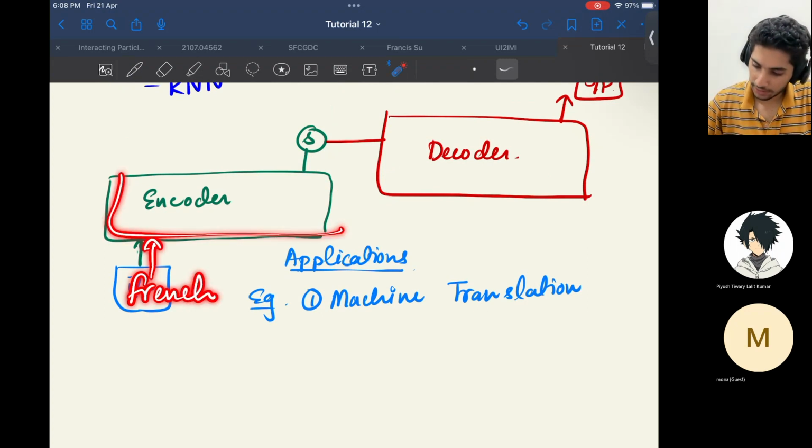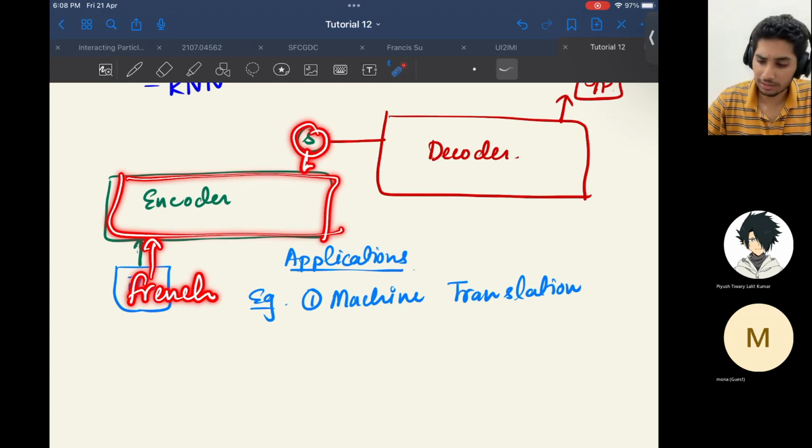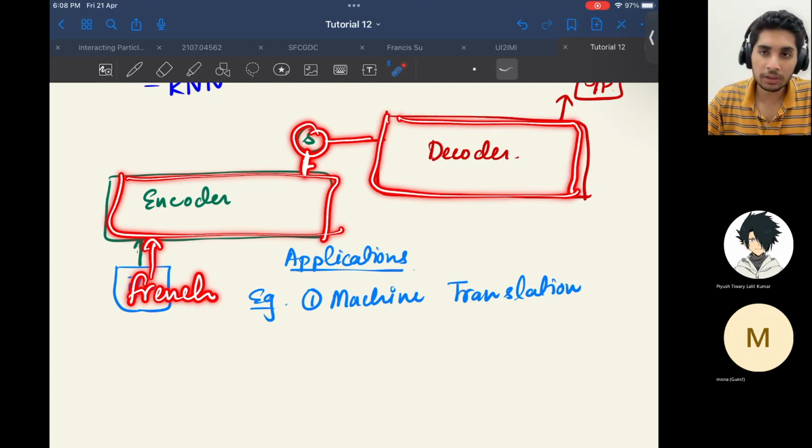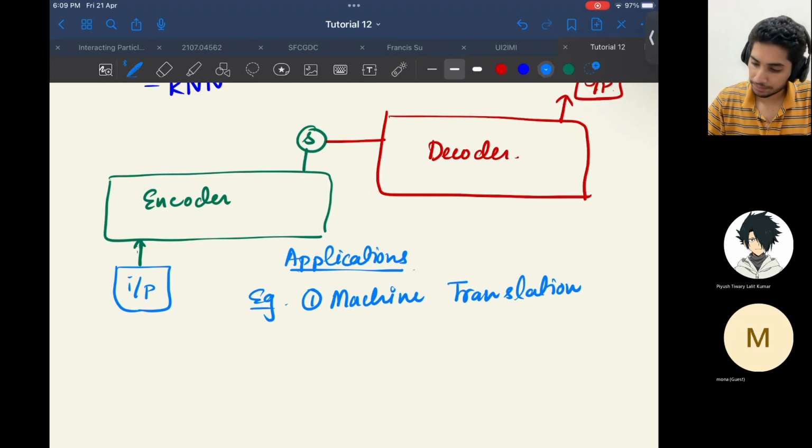It will encode it and give you some summary out of it. I don't know French, so I can't give you an example. Then the summary is fed to a decoder model. The decoder tries to decode, given that this is the summary of your input sentence, what should be the appropriate translation. So maybe some English sentence will be your output.